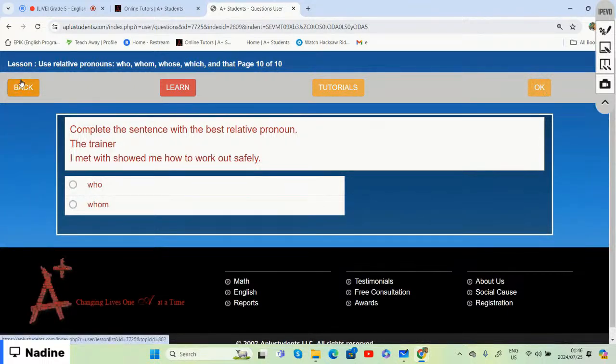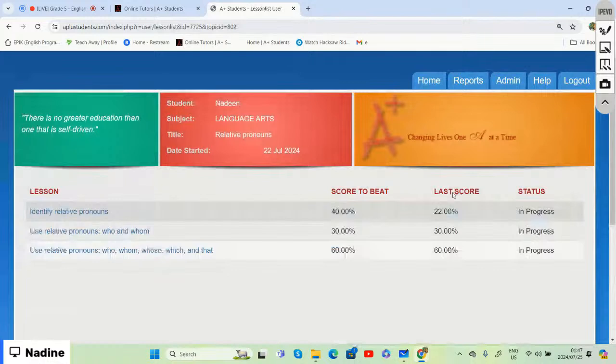All right, so this is now the end of our lesson on relative pronouns. Thank you for interacting, grade 5. We spoke about relative pronouns, and the main ones are who, whom, whose, which, and that.